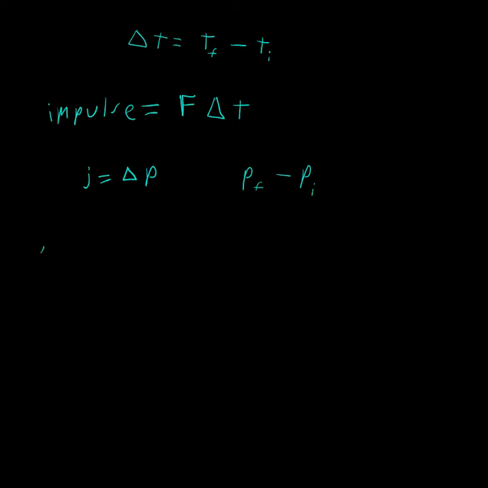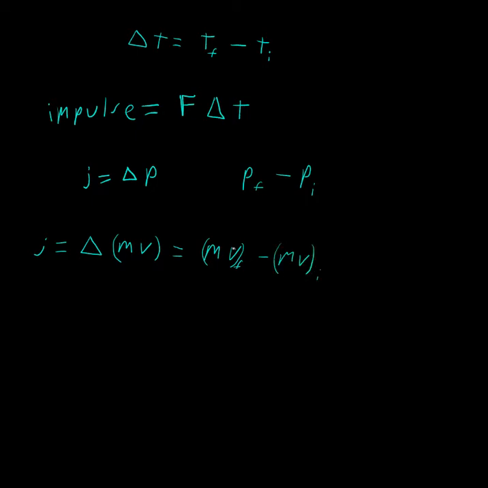So let's think this through just a little bit. We can replace this P with mv, and so it will be the change in our mass times velocity. We can use our definition of delta, where basically this would be our mv final minus our mv initial.